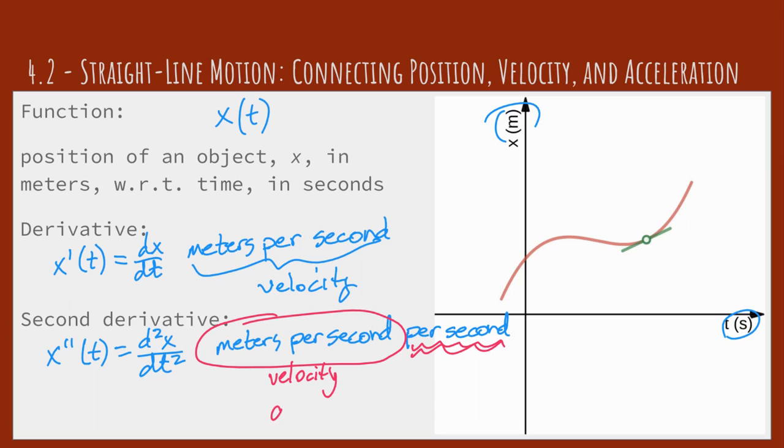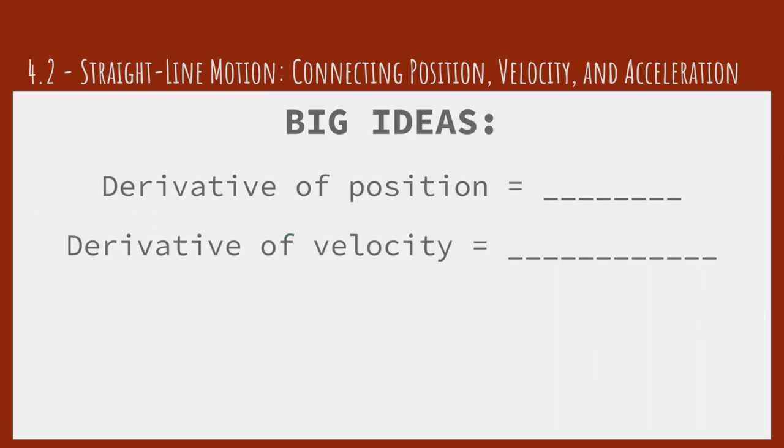So this is what we call acceleration. So we're going to get into what velocity and acceleration are in a little bit more depth and how we interpret those. But it's important that we understand if we take the derivative of position, we get velocity. And if we take the derivative of velocity, we get acceleration.